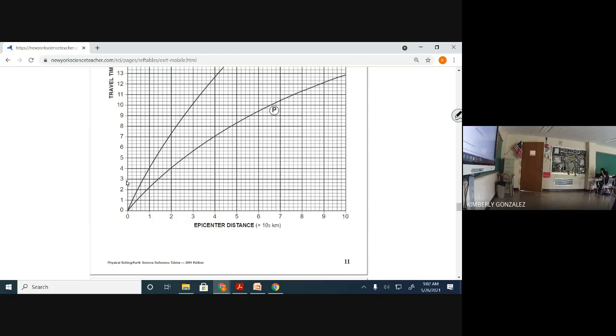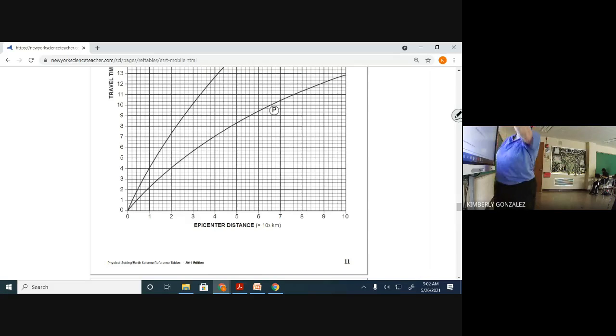Did everybody get that? Does anybody have any questions? Now would be the time to ask before we move on. Yes, I was kind of confused with the travel time. The travel time is the easier of the two because it's just reading the chart. Once you get on here at 1600, you go up till you hit the line, and then you go over.